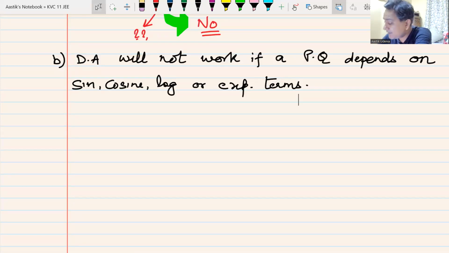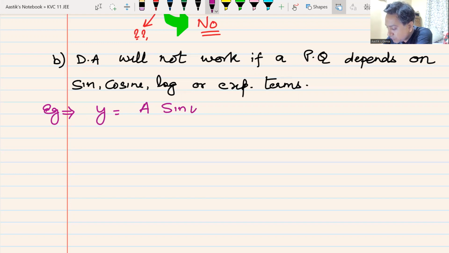Do we understand this? Yes or no? For example, the equation of a simple harmonic motion, which will come to us after some time, is y is equal to a sine omega t.